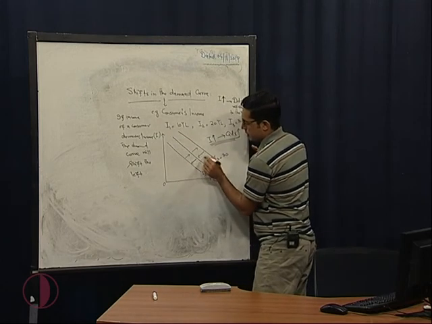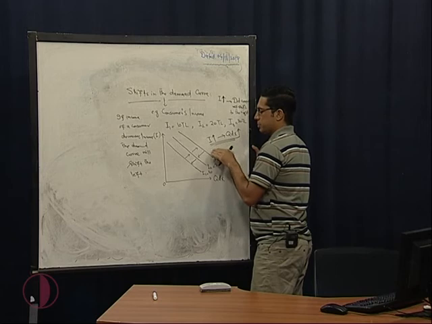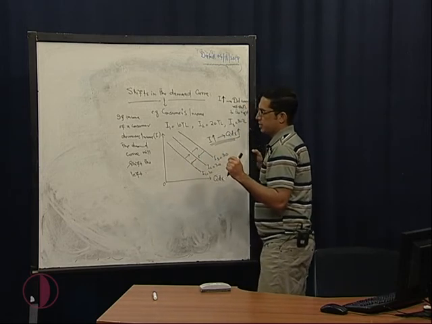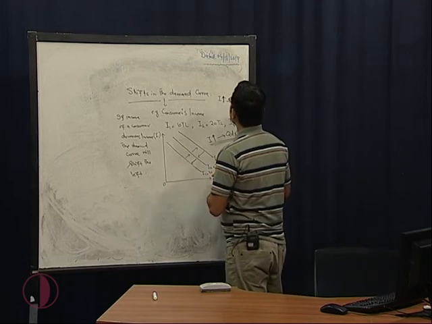This is a decrease in income. If income decreases, the demand curve will shift to the left side.